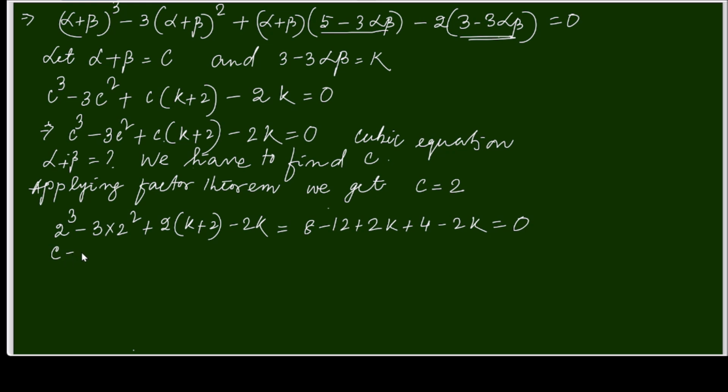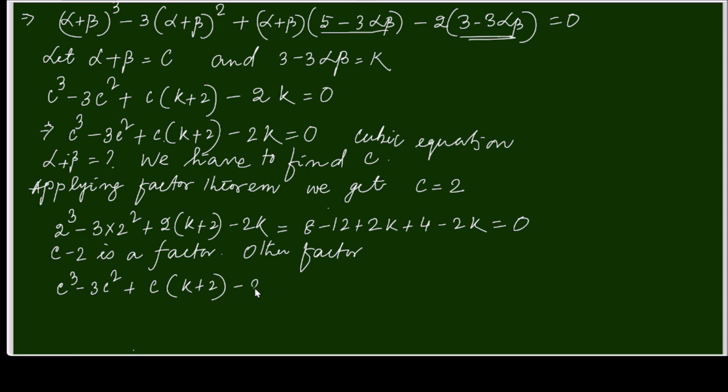So C minus 2 is a factor. The other factor is C cube minus 3C square plus C K plus 2 minus 2K divided by C minus 2. We get C square minus C plus K.